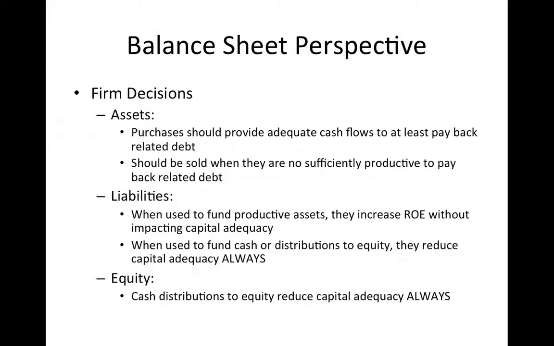And if you think about that, if I basically go out and raise money, let's say from debt, say I raise $100 million in debt, and I use it to turn around and buy $100 million worth of asset, then my asset and my liability both went up by $100 million. My capital situation, so my capital adequacy hasn't really changed.